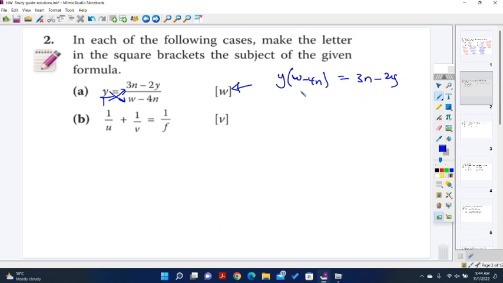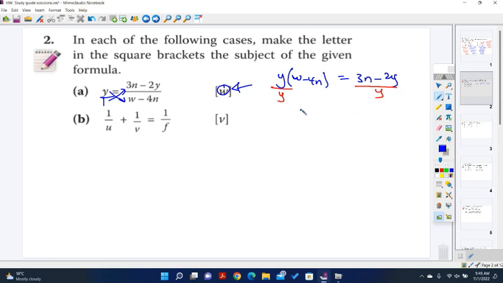So I don't even have to distribute the y here because I know they want me to make w the subject, and the fastest way to isolate the w will be to get rid of the y from this side by dividing it, because currently the y is being multiplied by this entire bracket, and the opposite of multiplication is division.